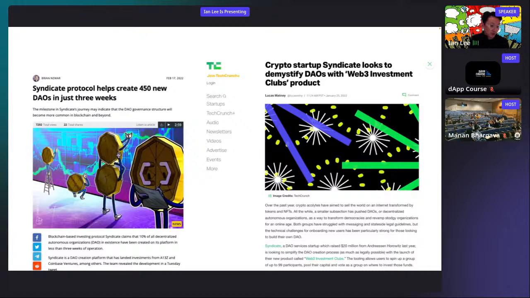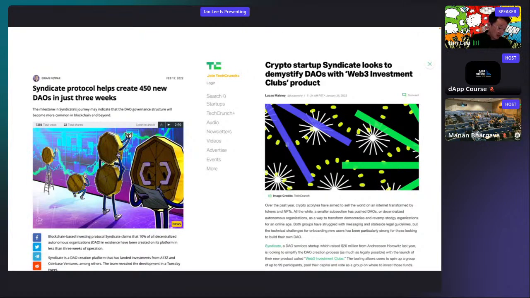And what ended up happening, even though a lot of the industry was very focused on other things like governance systems and whatnot, was that within a matter of weeks after shipping our first product, we became the largest DAO creation platform in all of Web3. And at this point, we've now created 700 DAOs in Web3, which makes us the biggest DAO creation platform in Ethereum and all of Web3.